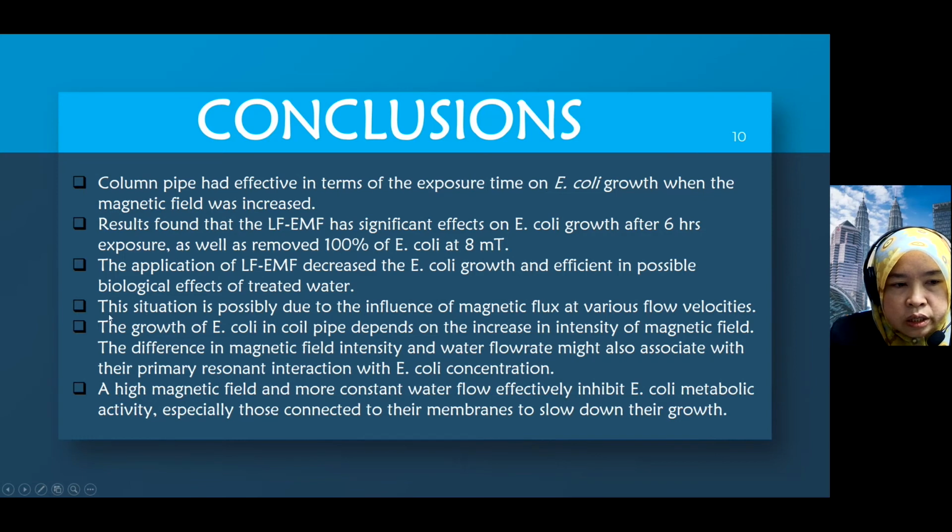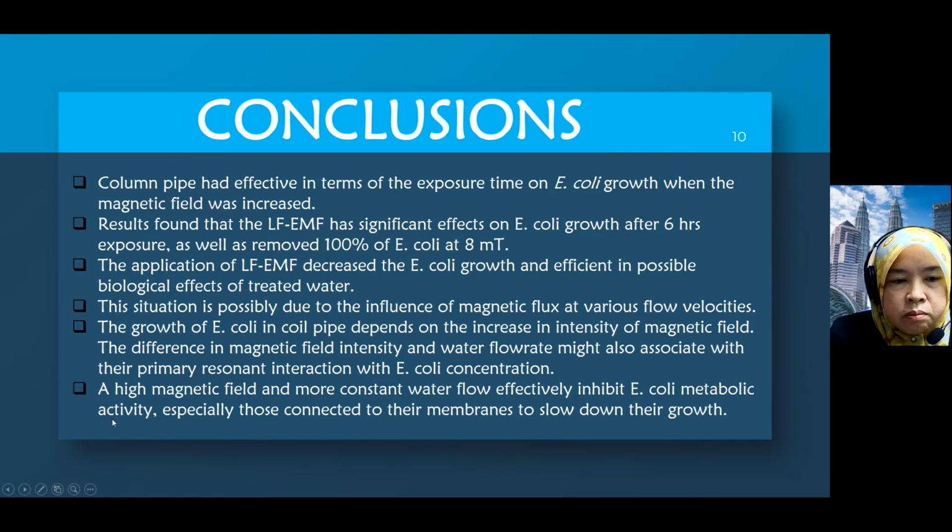Actually, this situation is possibly due to the influence of magnetic flux at the various flow velocities. The growth of E. coli in the coil pipe depends on the increase in intensity of the magnetic field.